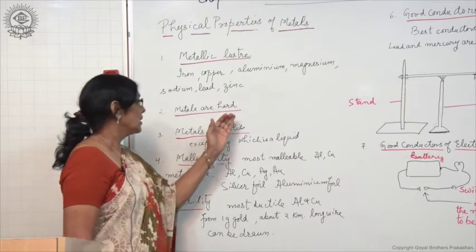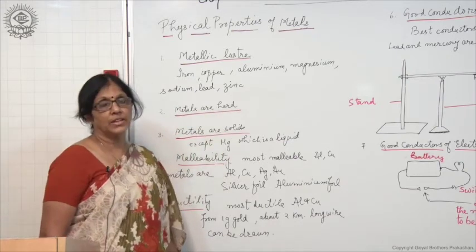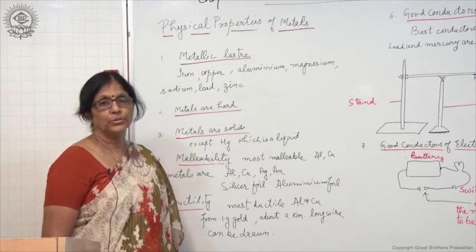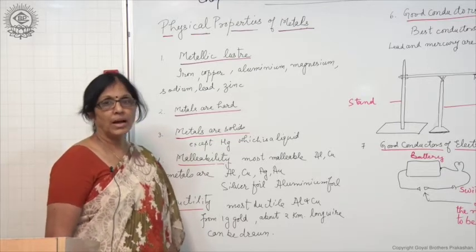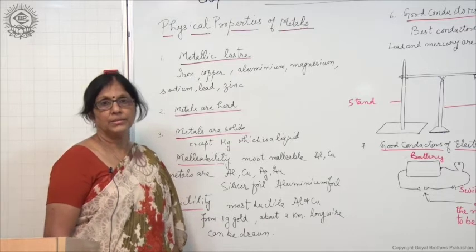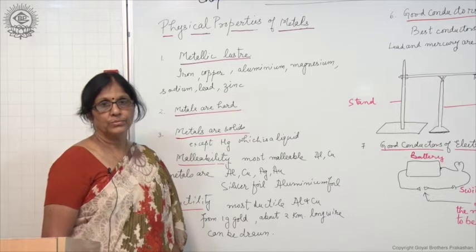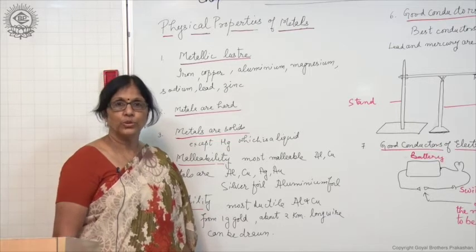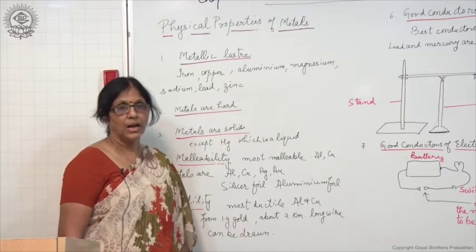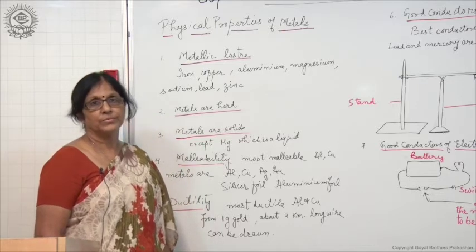You must have seen that most of the metals are very hard and strong also, like aluminium, iron, copper, but there are certain exceptions also. Some metals like sodium and potassium are soft metals.